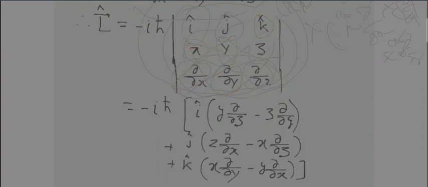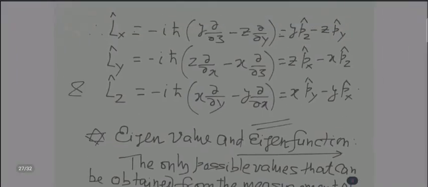I don't think there is any need to explain the determinant, it is quite obvious. After I take those products, I simply get Lx hat equal to this much, Ly hat equal to this much, Lz hat equal to this much.